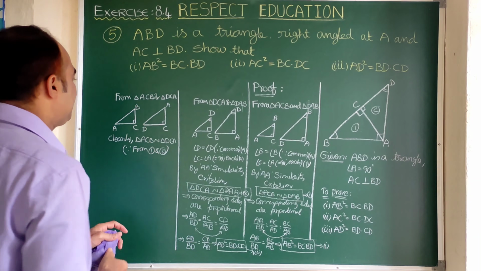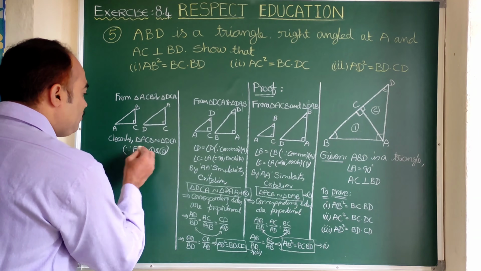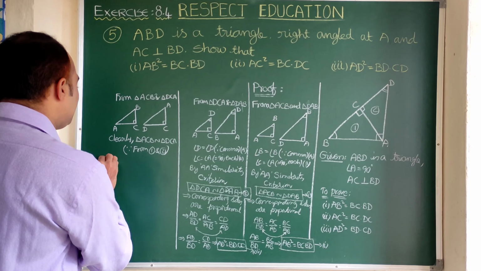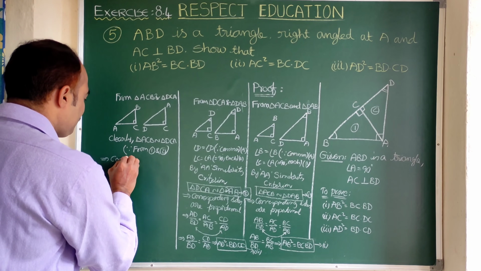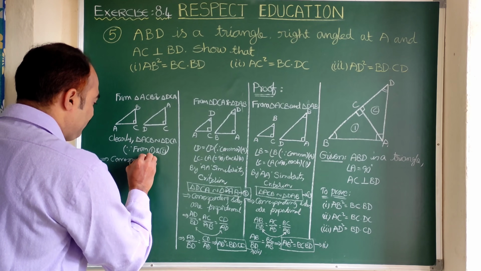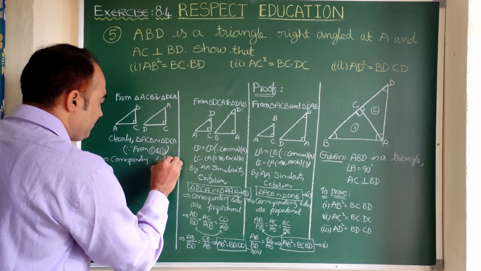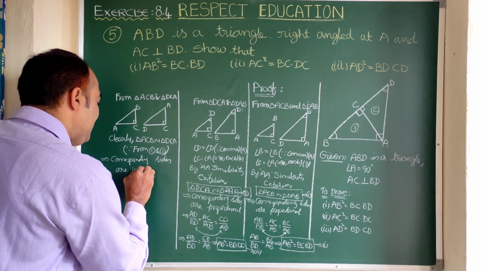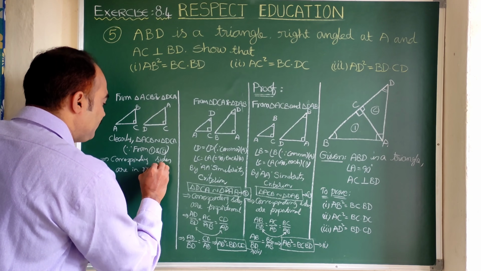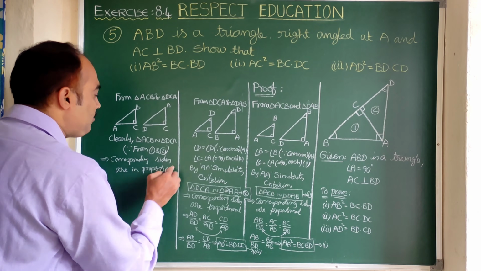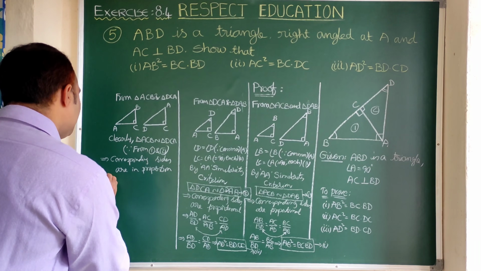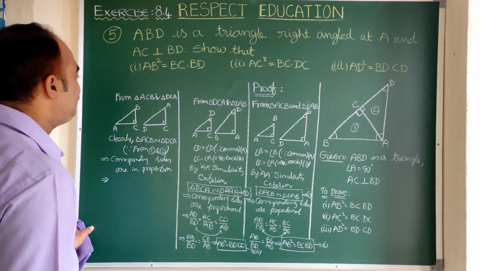Now here let us write the same. When two triangles are similar, as you know, their corresponding sides are proportional. Corresponding sides are in proportion, or you can write they are proportional, both are the same. So let us take their corresponding sides.